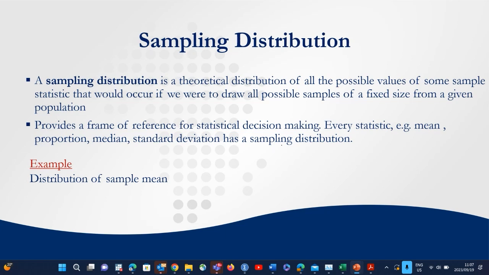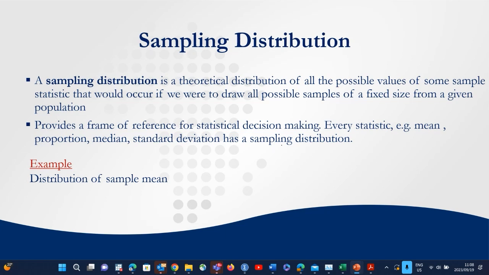So in terms of the sampling distribution, it's a theoretical distribution of all the possible values of some sample statistic. I indicated at the beginning that what we measure from the population, we say it's a parameter, right? And what we measure from the sample, we say is a statistic. So the sampling distribution talks to possible values of some sample statistic.